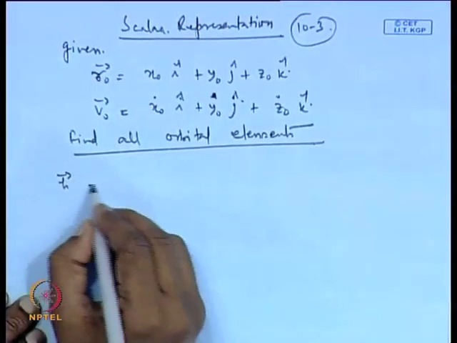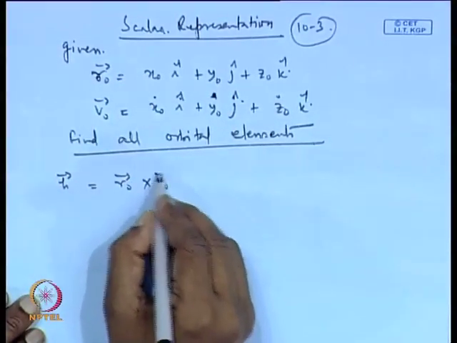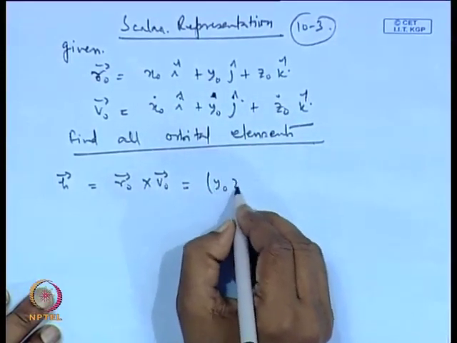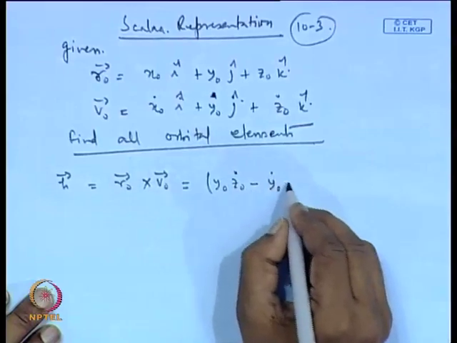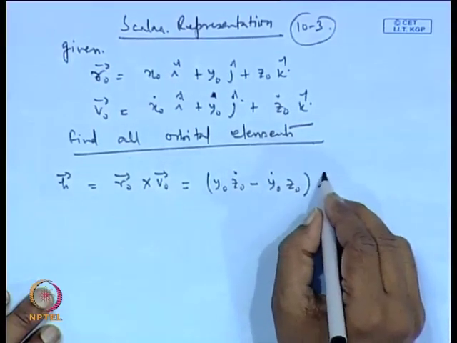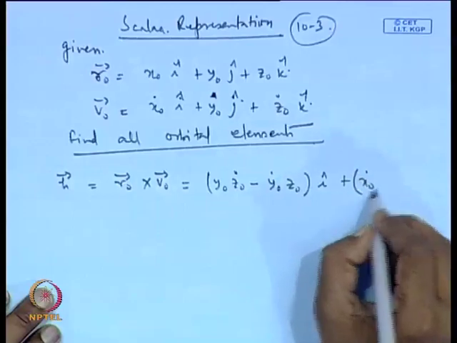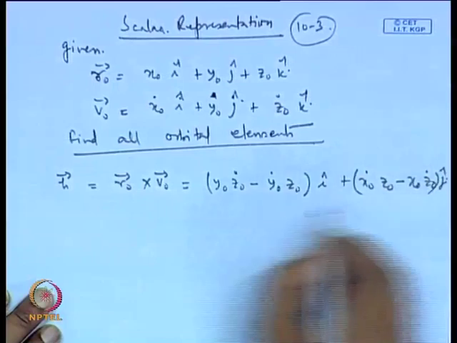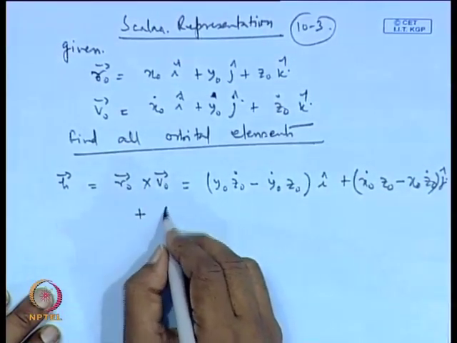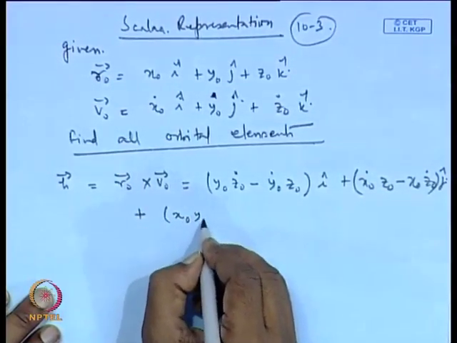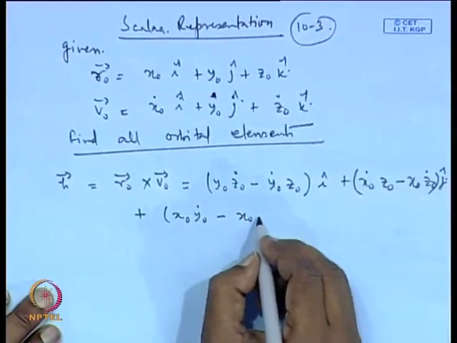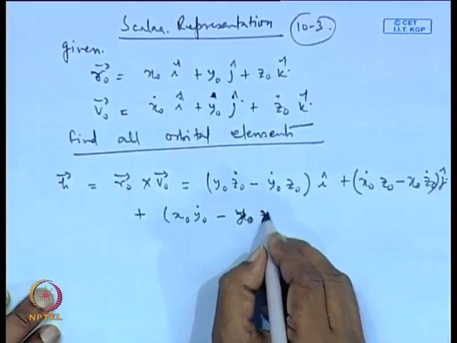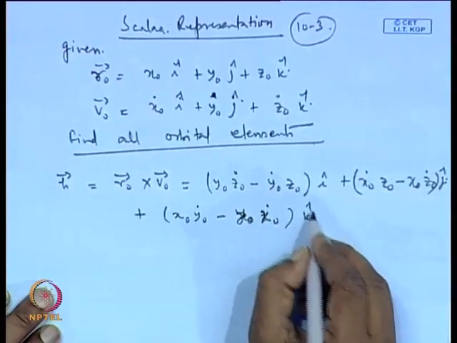So here we write H is equal to R 0 cross V 0. If we take the cross product, this will be (y 0 z dot 0 minus y dot 0 z 0) i cap, plus (z 0 x dot 0 minus x 0 z dot 0) j cap, plus (x 0 y dot 0 minus y 0 x dot 0) k cap.